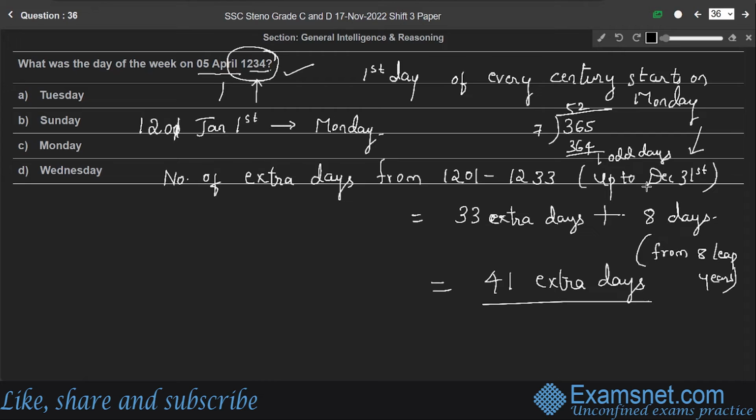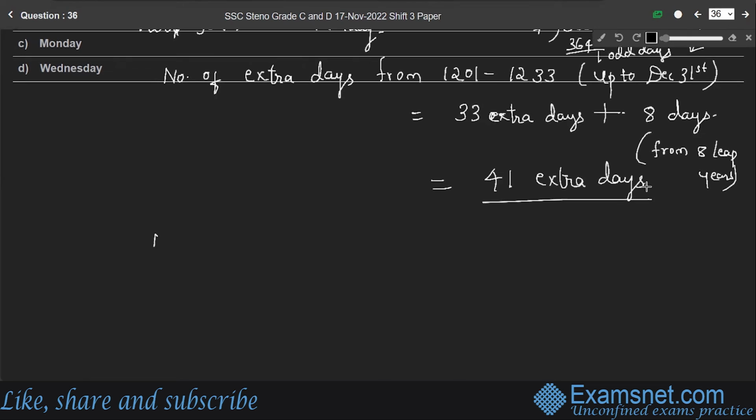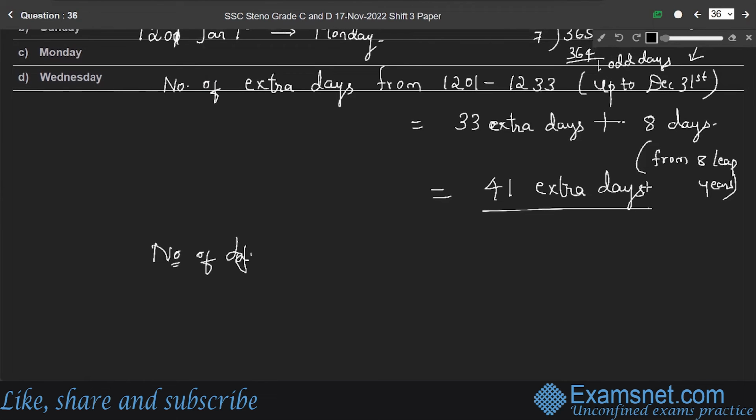Now we have to consider the number of days from Jan 1st of 1234 to 5th April. In the month of January, we are considering 31.